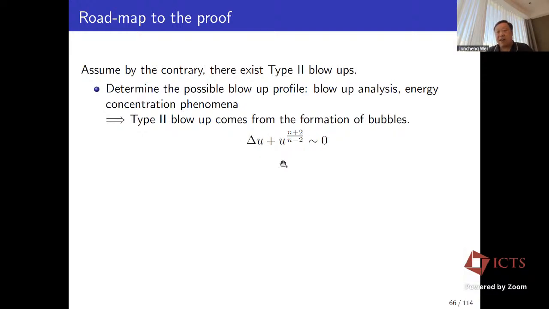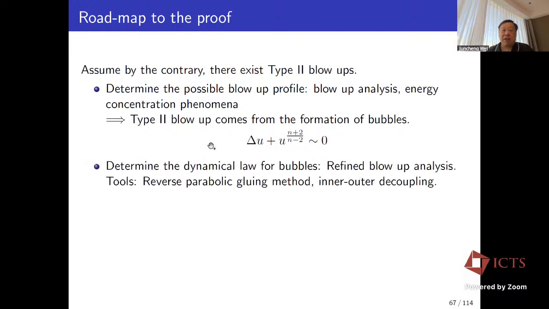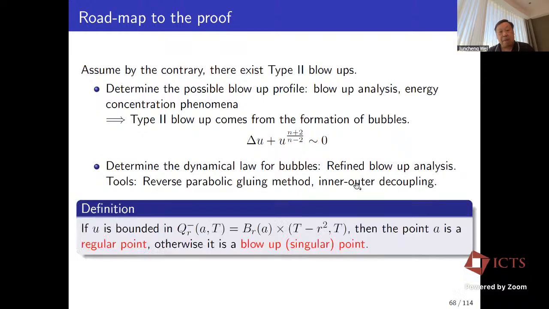So it's like an elliptic problem. And we determine the dynamic law for the bubbles. We use refined blow-up analysis, and we use this reverse parabolic Green's function, the inner-outer decoupling.